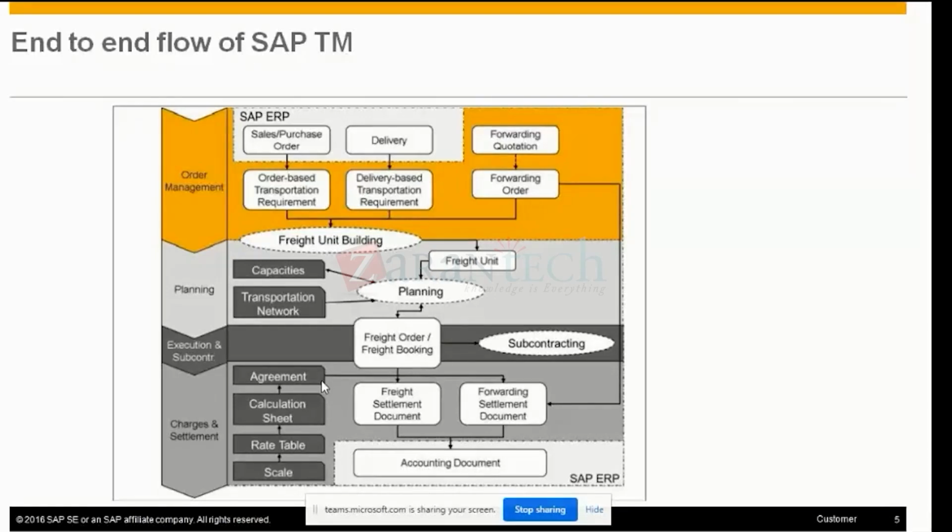This freight order and freight booking is also called an execution document. Why is it called an execution document? Because your actual physical execution will begin once your freight order and freight booking is created. It is also called a subcontracting document because this freight order and freight booking needs to have a carrier assigned.